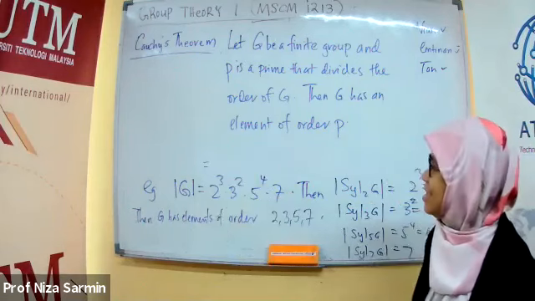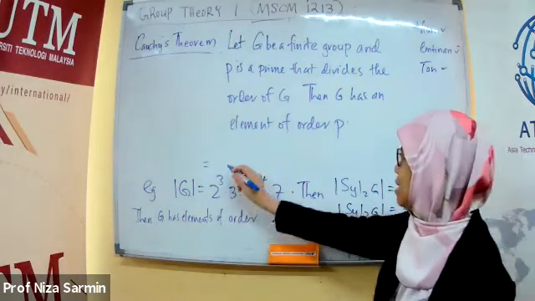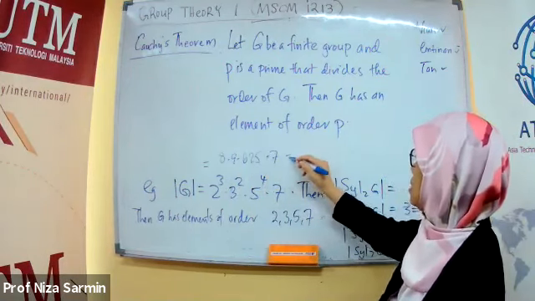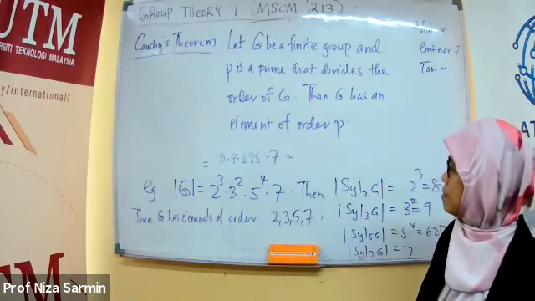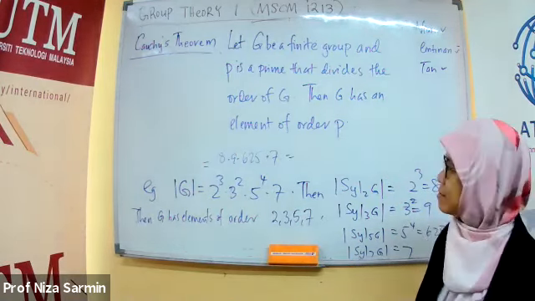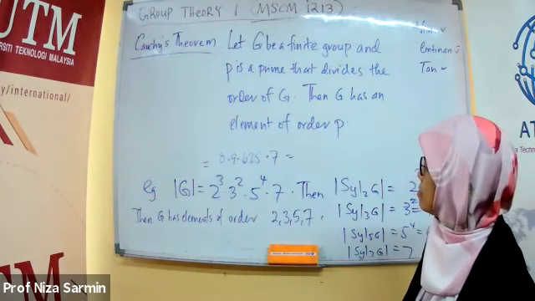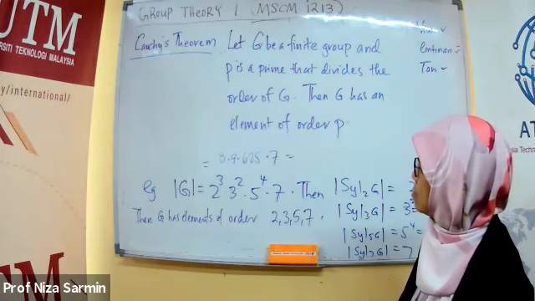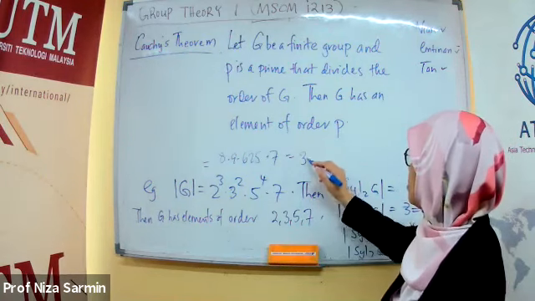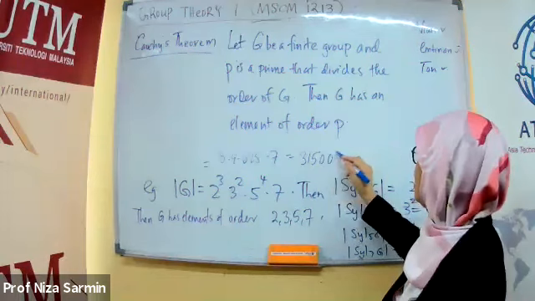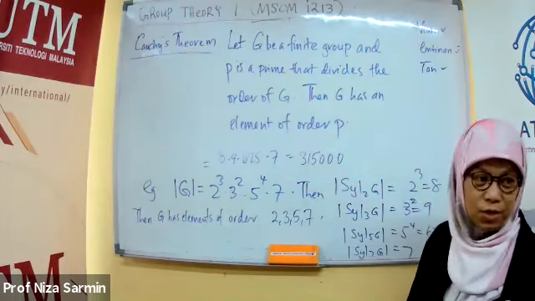Anna? 8 times 9 times 5 to the 4 times 7. What is it? 315,000.